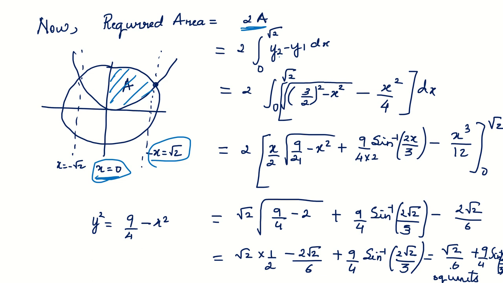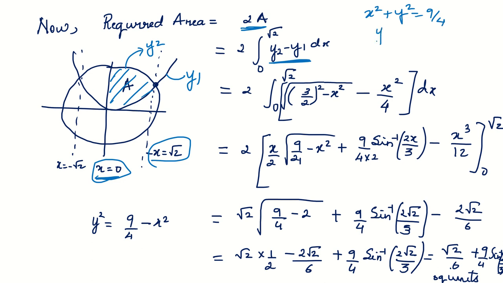So 0 to root 2, upper curve minus lower curve. This is my upper curve y2 and this is y1. Now my y2 is nothing but the circle, that is x square plus y square is equal to 9 by 4.